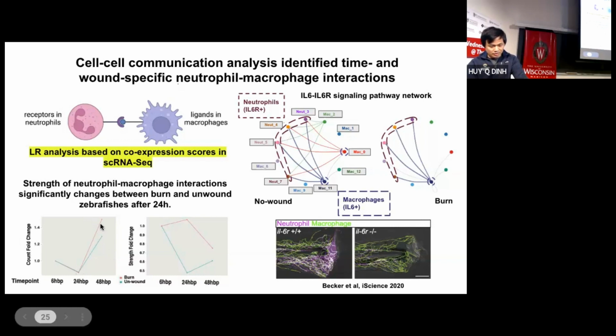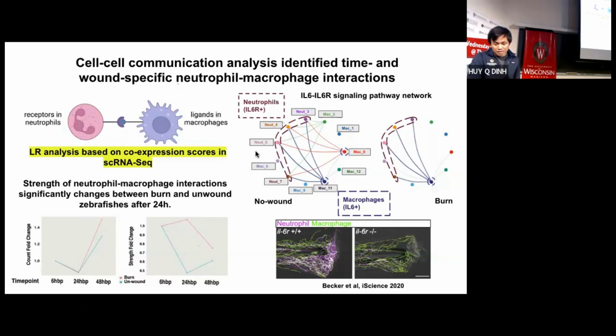However, the strength of the interaction differs a lot at the second time point. The strength here was based on the co-expression of ligand in macrophage and receptor in neutrophil. That suggests a mode change happened after 24 hours.